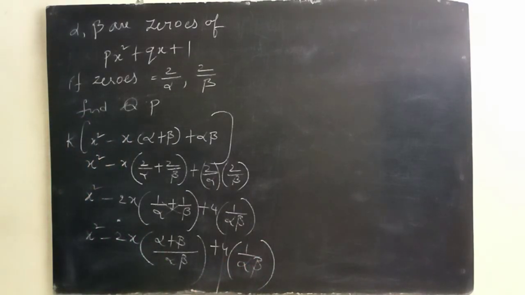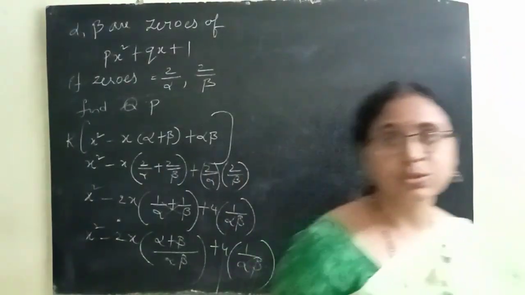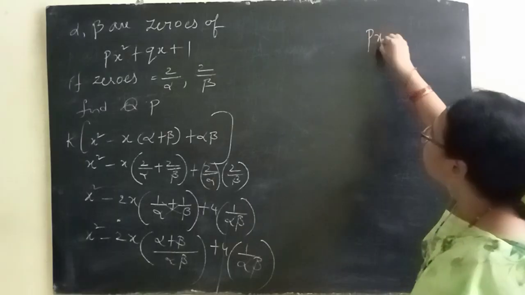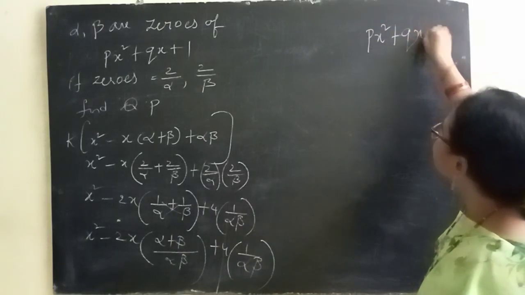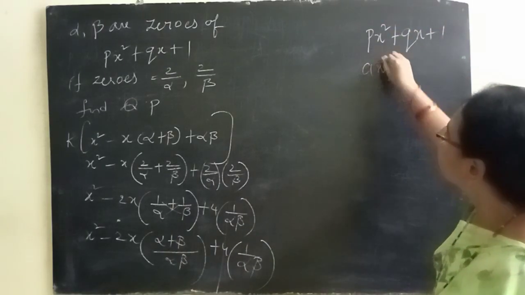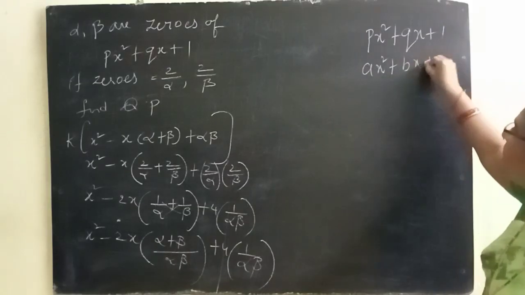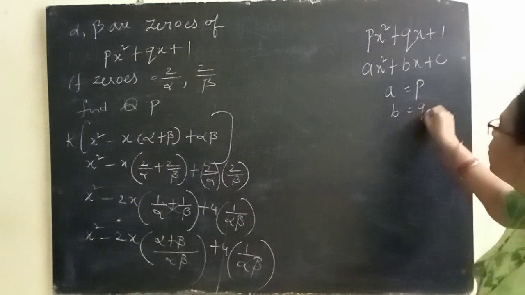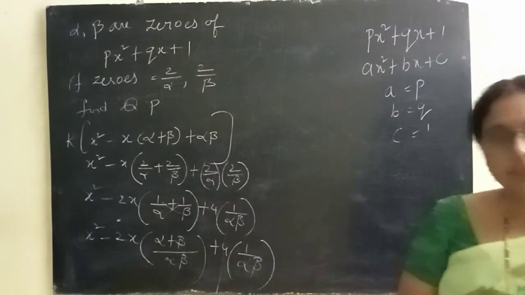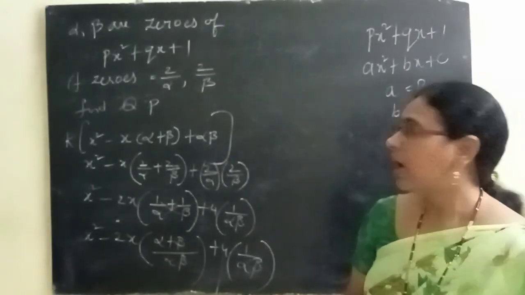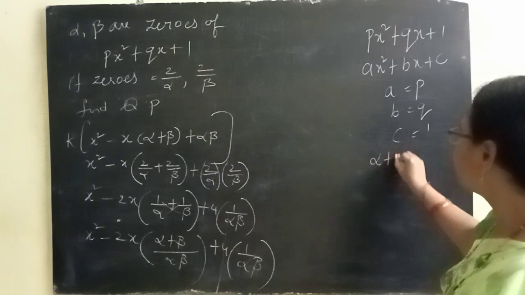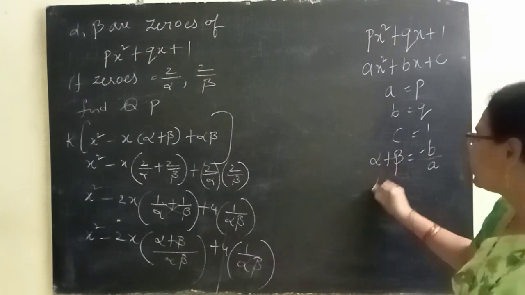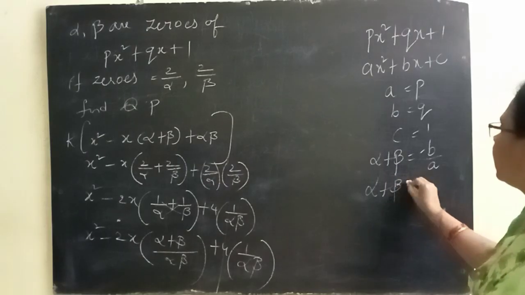But do you know what is sum of zeros? What is product of zeros? Yes, it's clear. Px square plus qx plus 1, compared with ax square plus bx plus c. A means p. B means q. C means 1. Okay. Alpha plus beta is minus b by a, means how much?